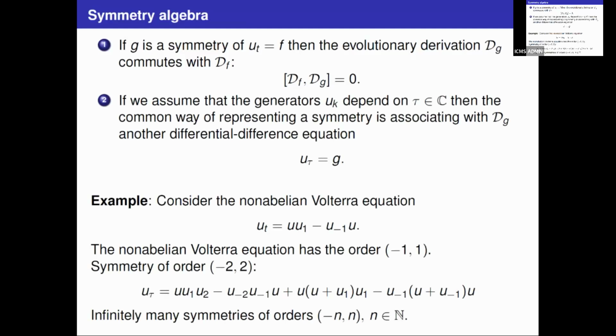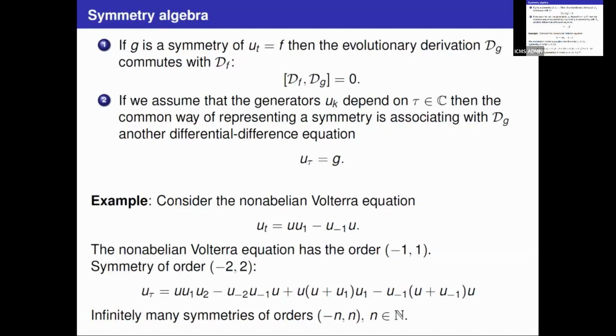So u_tau equals g is a symmetry defined by the derivation d_g. And here is an example. The very first symmetry of the Volterra equation. So this is the non-abelian Volterra equation, and its first symmetry of order -2 is given by this expression.